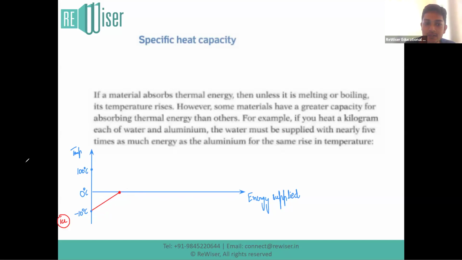And as it undergoes a change in state, please notice that the energy supplied will no longer cause a rise in temperature, but will instead cause a change of state, thereby making sure the temperature remains the same. Beyond this, when all of the ice has converted into water without raising the temperature, it is now free to raise its temperature from 0 degrees Celsius to about 100 degrees Celsius.